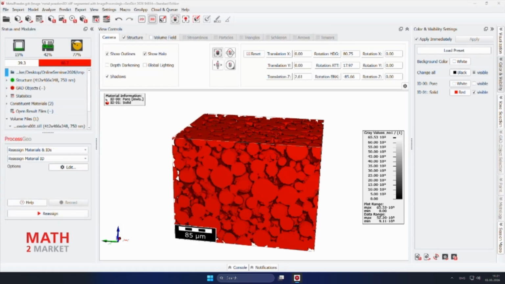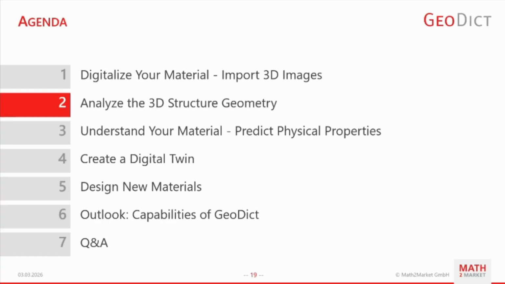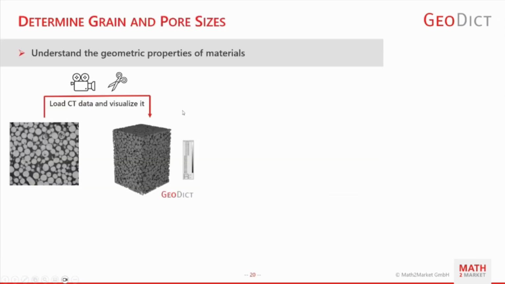So this was the first step. What have we achieved by now? We have digitalized the real material and now have a 3D structure model of it in the software. And the next step is now to analyze this structure geometrically. So, we had the gray value image, we have made a structure out of it.